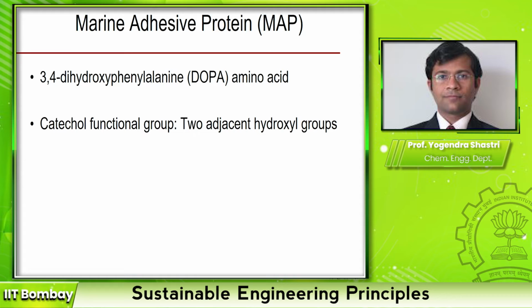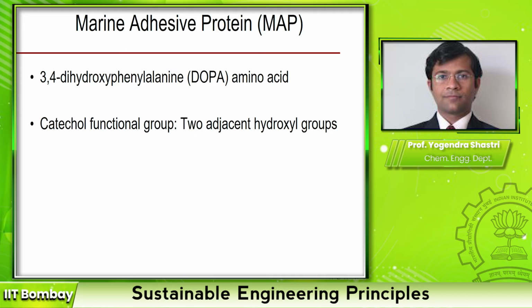But if we think about it, if we use exactly the same amino acid or protein in glue, then we have to recover that much protein from blue mussels, and that is not a good thing, because blue mussels are living animals, and in order to recover the protein you will have to harvest a lot of blue mussels, kill them and so on. That is not a very ethical thing to do, and in order to solve one problem, you might be creating another problem. So that is not desirable.